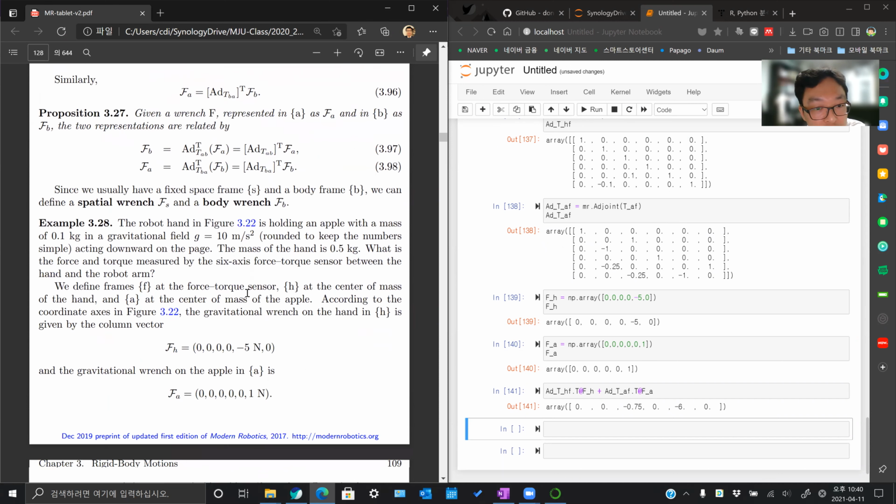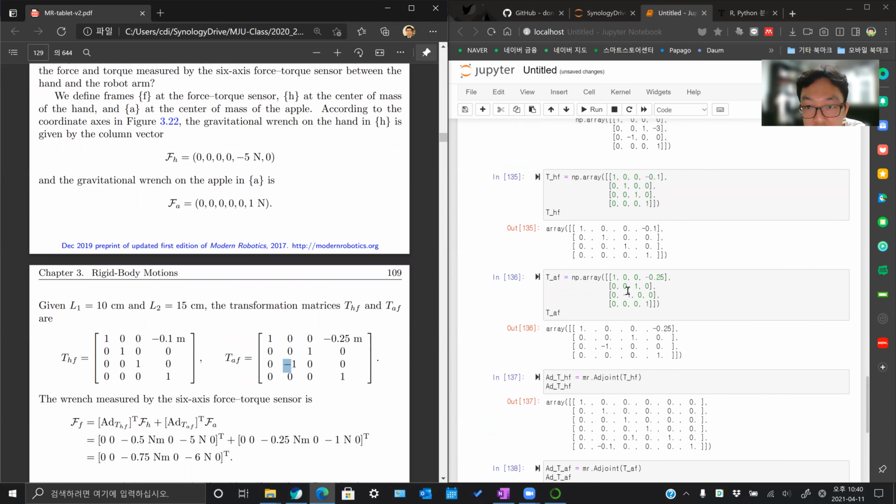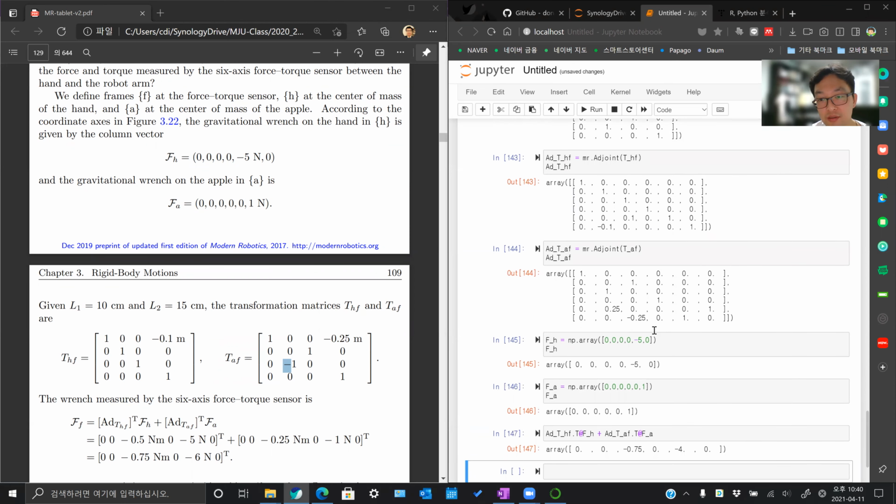So it should have the same direction as the z direction, so it should be 1. I think it should be 1. Okay, this one might be correct, and this one is false.